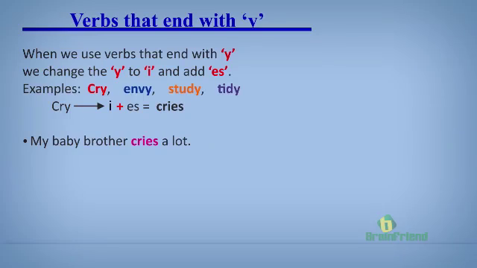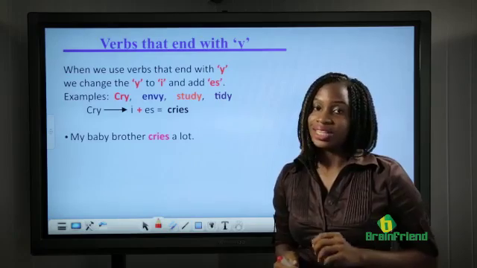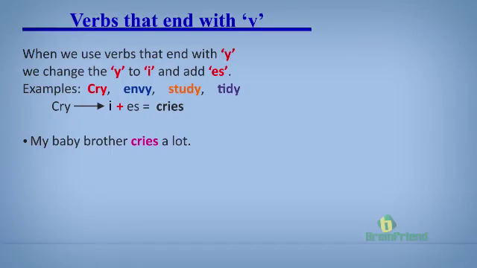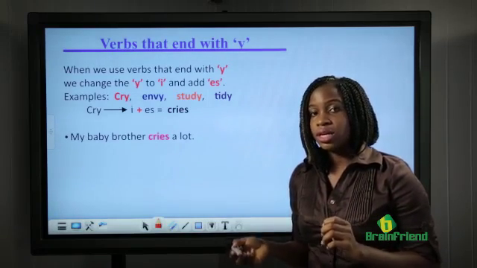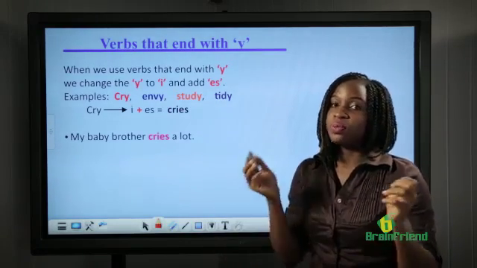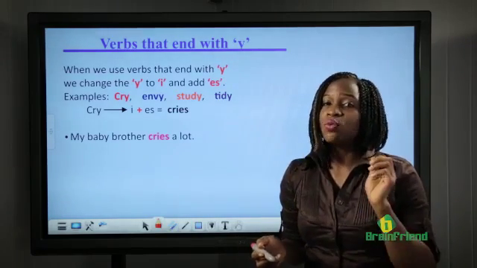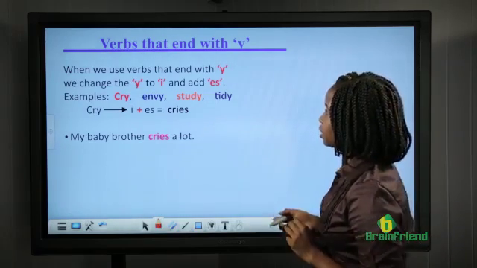In our lesson on past tense, we learned that verbs that end with the letter y are very special. In some situations, we replace y with i and we add es. Now we do almost the same thing for the present tense.